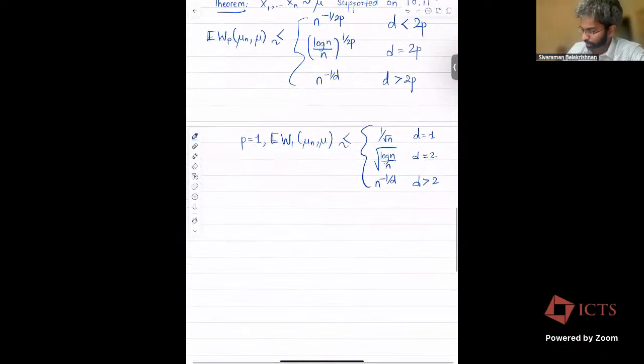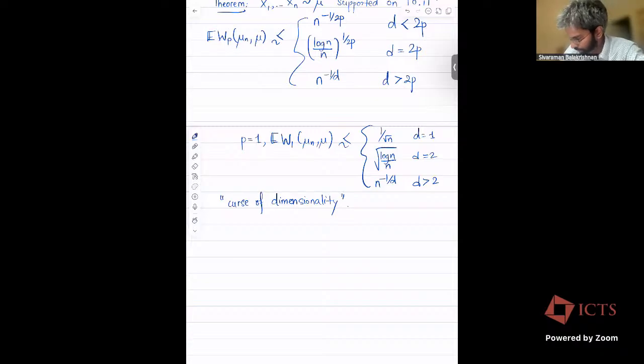Okay, and these rates exhibit some very clear curse of dimensionality. That is to say that they degrade quite badly, or exponentially badly, in the dimension. And maybe this shouldn't be too surprising.